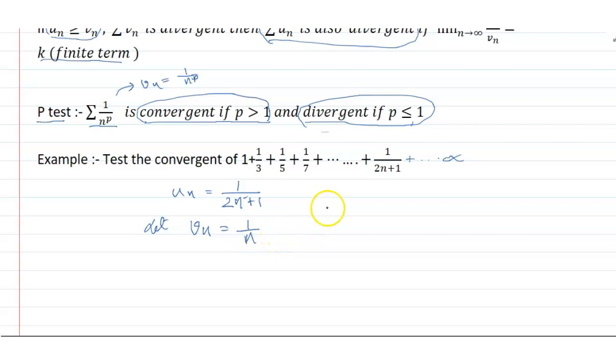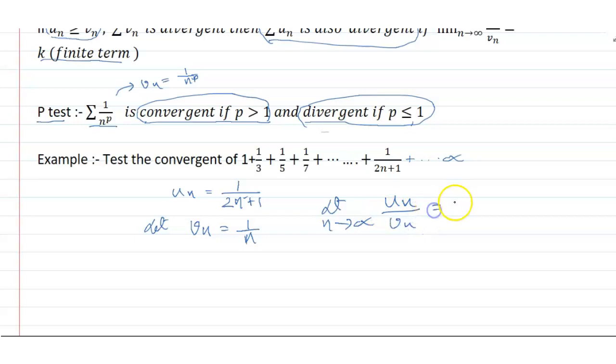Now I have to find the limit as n tends to infinity of un by vn.